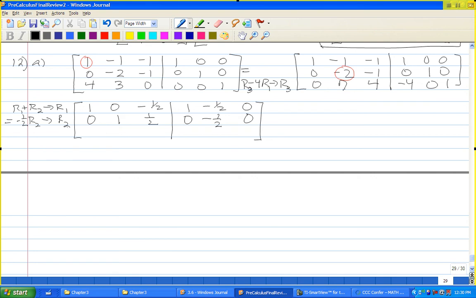next, I want to make the 7 0. And so, take row 3, subtract 7 row 2 to give me a new row 3. So 0 plus 0, 7 minus 7, 4 minus 7/2. 8/2 minus 7/2 is 1/2.